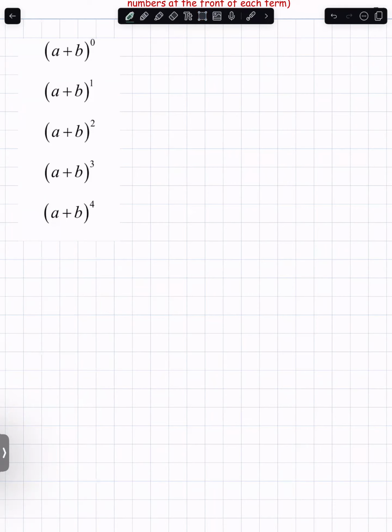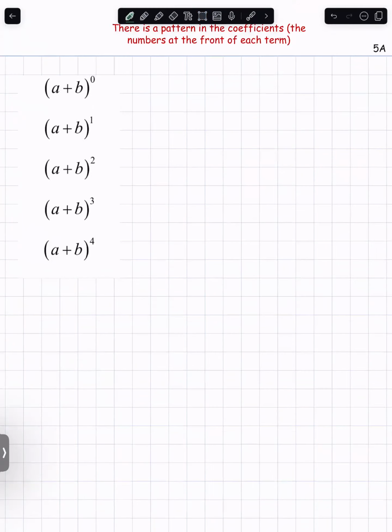So let's take a look at these few expressions before we move on to basic examples. So we have a plus b raised to the power of 0. Like I said, for any power we raise to 0, they give us what? We have 1. Okay? So any expression raised to 0 must be equal to 1. Then we have a plus b raised to 1. The Pascal triangle row for 1 is 1 and 1.